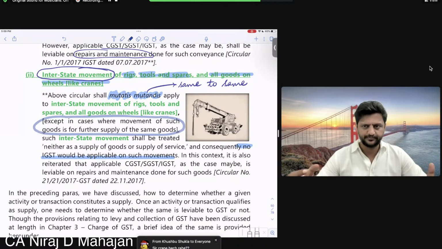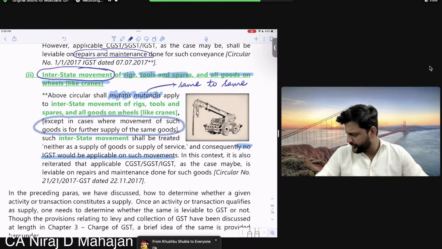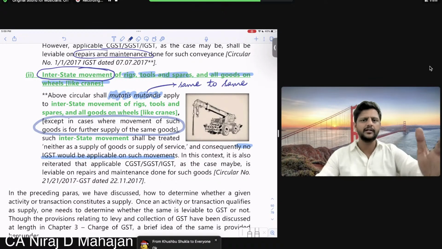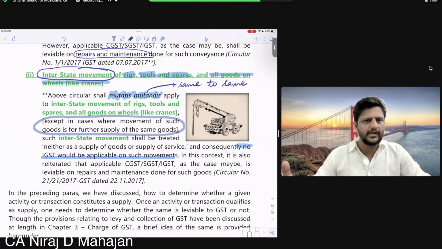Yes, Kushbu. Now, okay, here, did you understand all of it till here? Yeah, if you have a big container and in that you are sending a crane, that is also still the same thing, hai na? But the crane itself is going on its own, whatever it is. But it is to be sold in Karnataka. That is the reason.